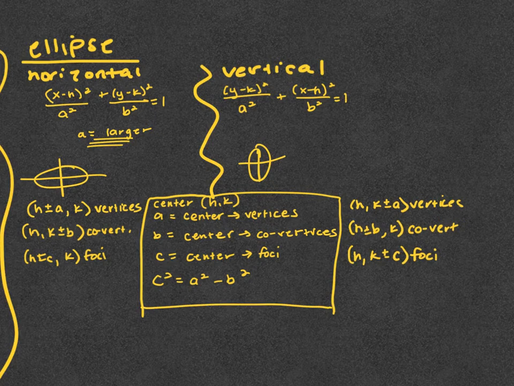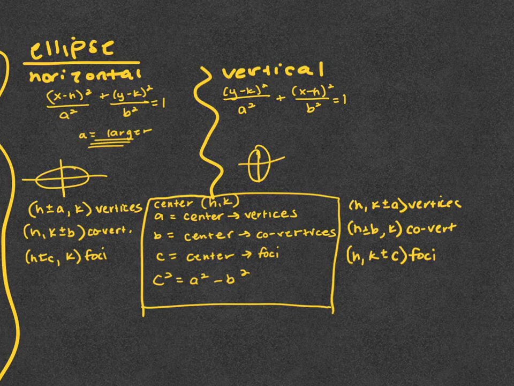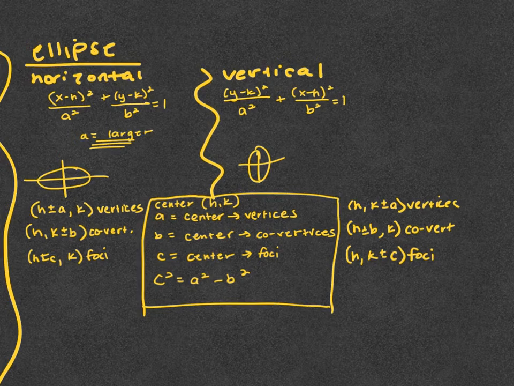So what's in that box in the middle is true for all of it, and the stuff on the sides is particular to either the vertical or the horizontal. Any questions on that one before I move into hyperbolas? And remember the review asked for eccentricity, but I didn't put that on your test. It's just C over A, but I didn't put it on your test.